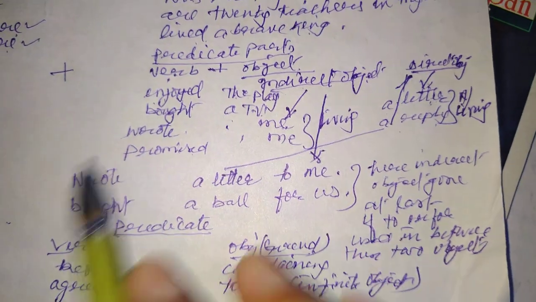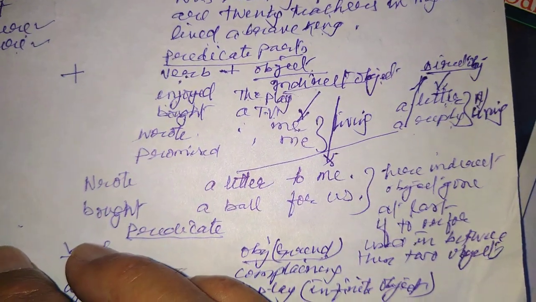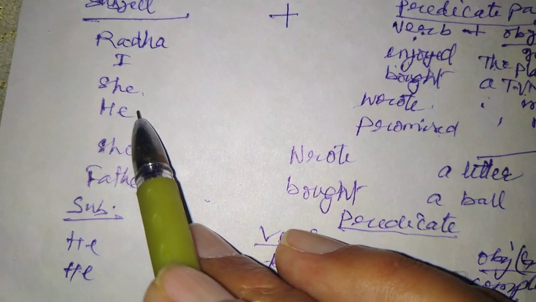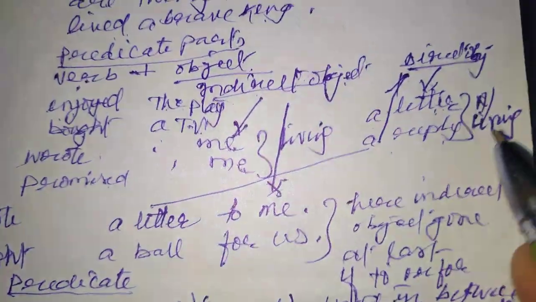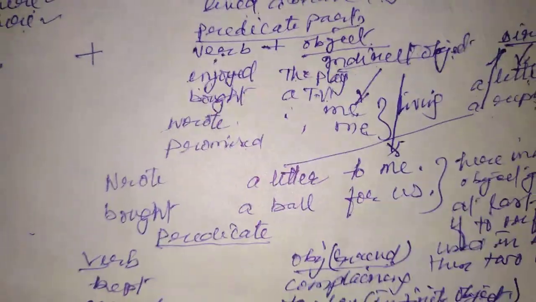So he is a subject, promised is a verb, me is an object, being a living thing it is the indirect object, and a reply, a non-living thing, is a direct object.